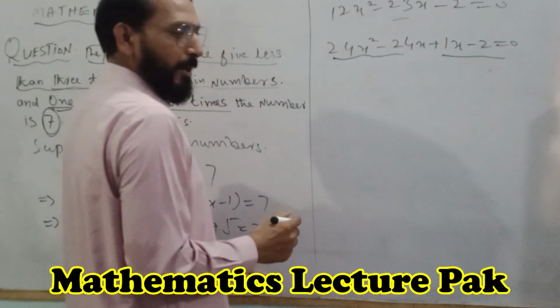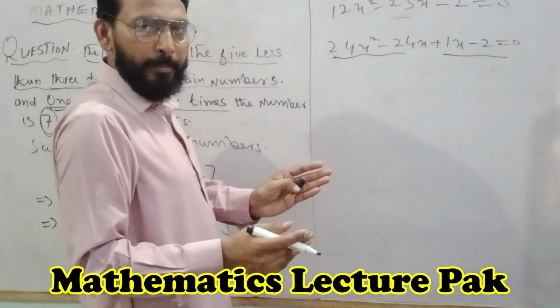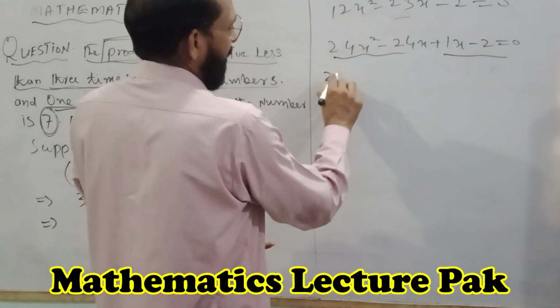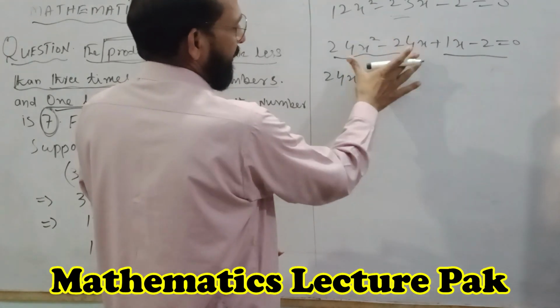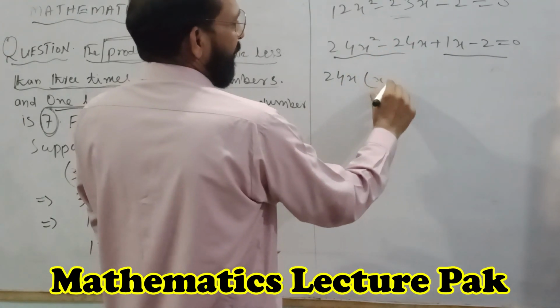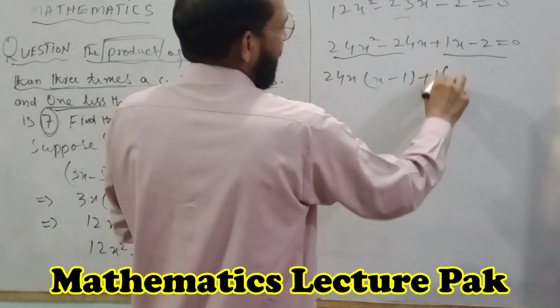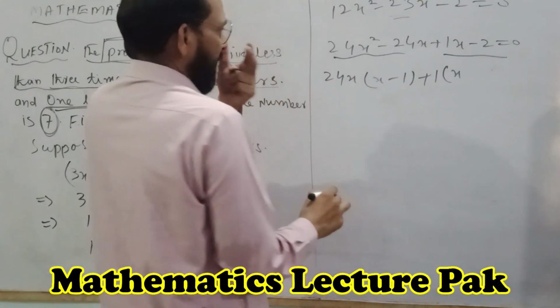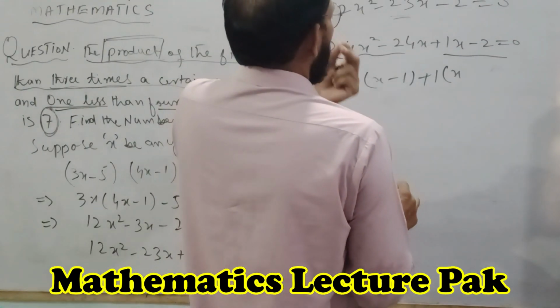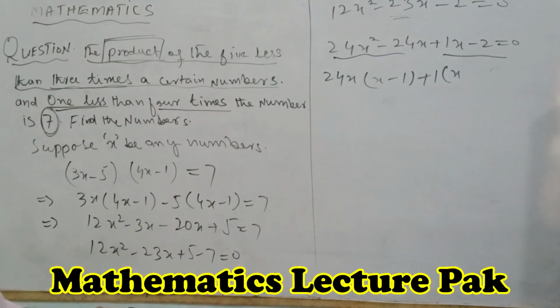Here we have the 4 factor, and the 2 factor will be combined for the solution. 20x will be common in both, and the remaining value x negative 1, and 1 is common, and the remaining value is this. Okay, 23 and 24.